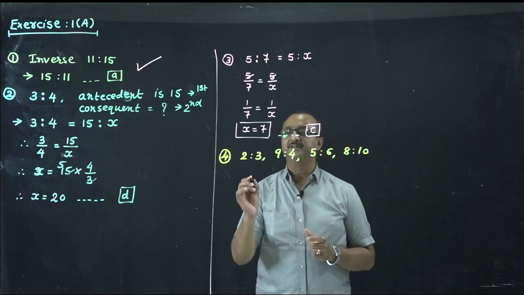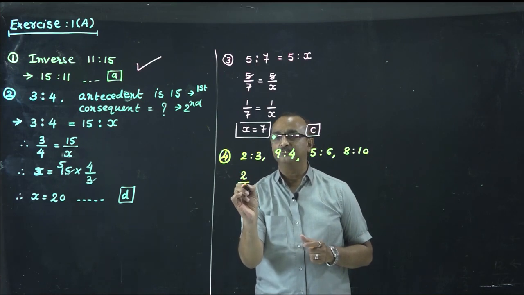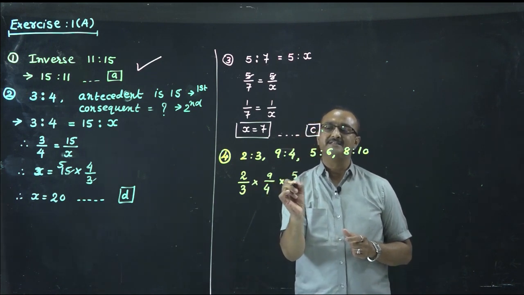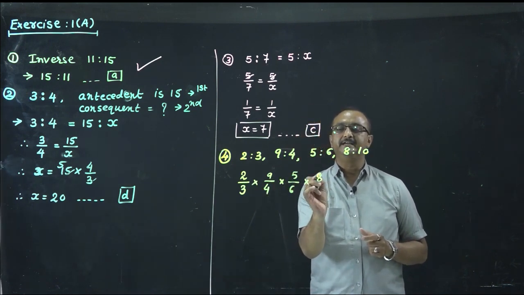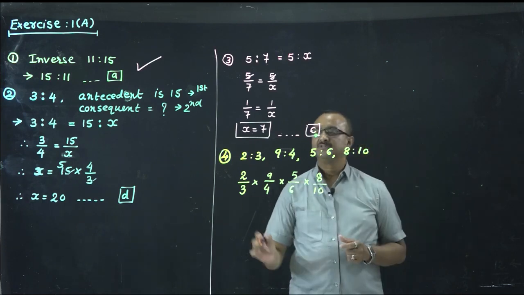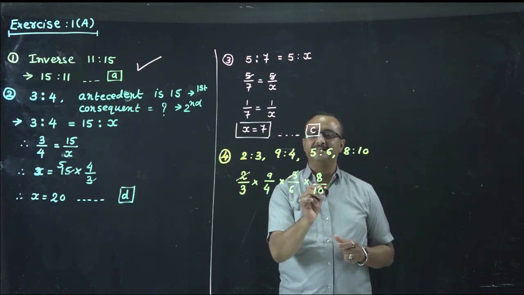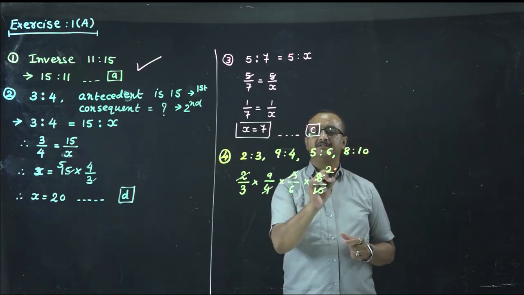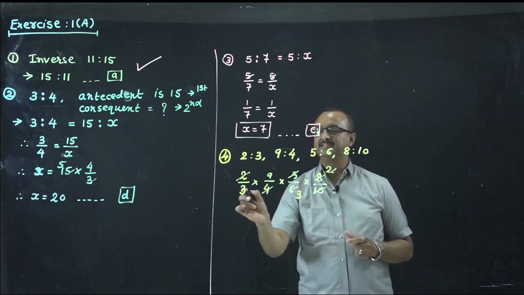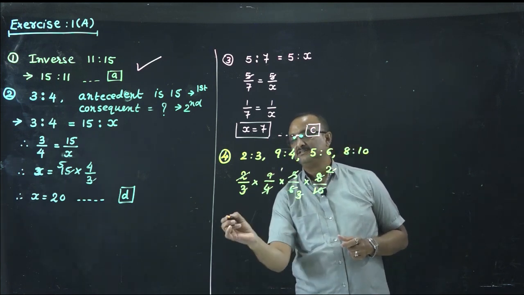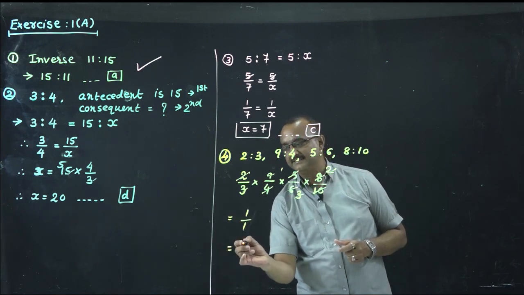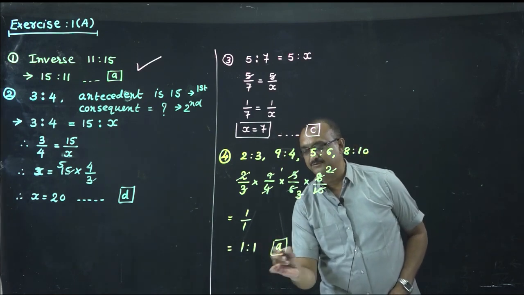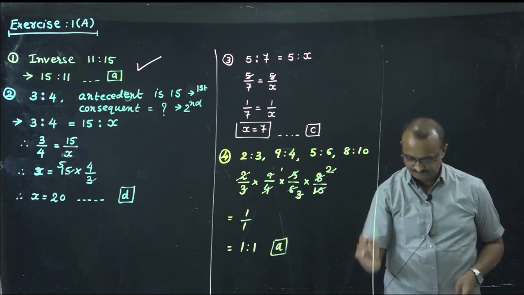It is nothing but only multiplication, like 2/3 multiplied by 9 by 4 multiplied by 5 by 6 multiplied by 8 by 10. So 5 2s are 10, 10 cancels, 4 2s are 8, 3 2s are 6 and 3 3s are 9. So our answer is 1 upon 1, equal to 1 is to 1, and option A is correct.